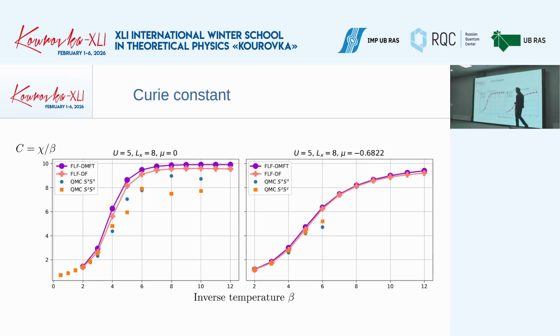These are quite low temperatures, and even at half filling, the QMC data are very noisy, but qualitatively this is okay. So these are basically two QMC runs, so you can guess about the error bar of the QMC data.